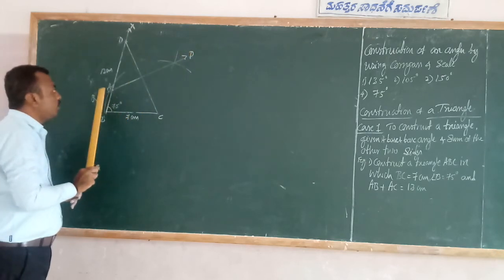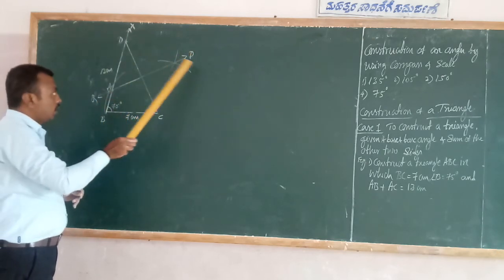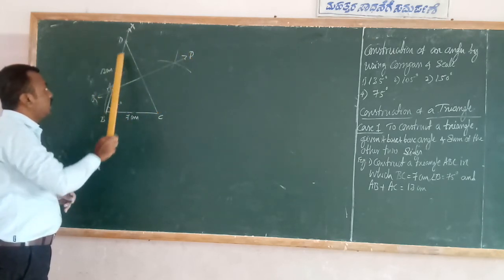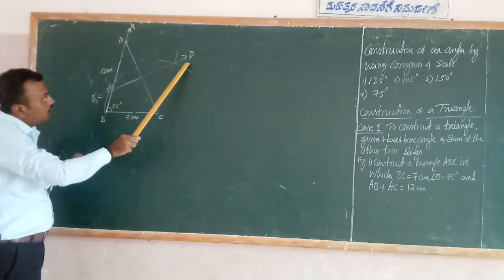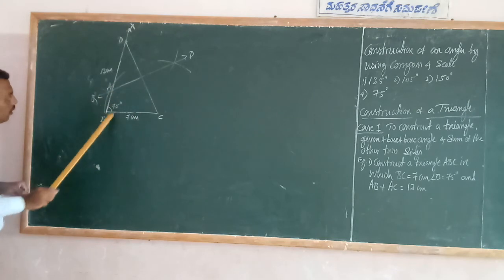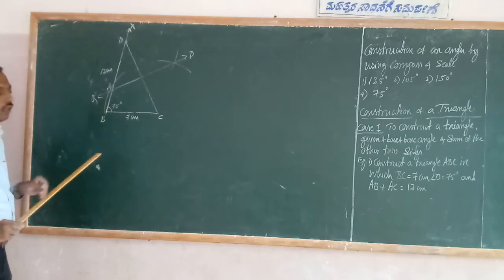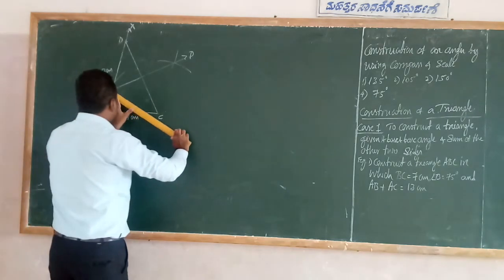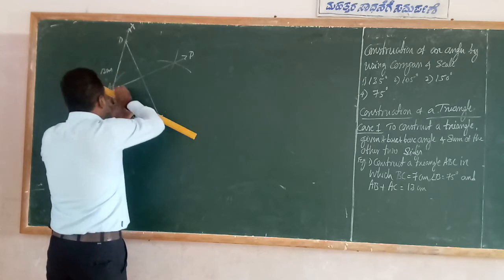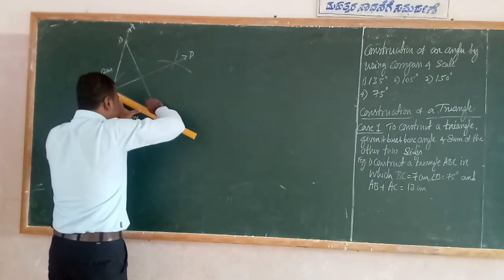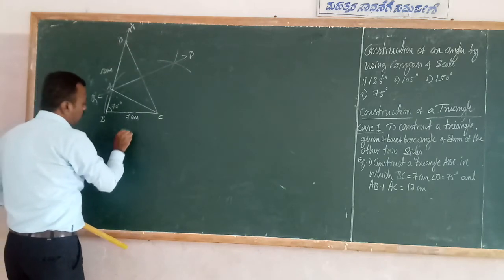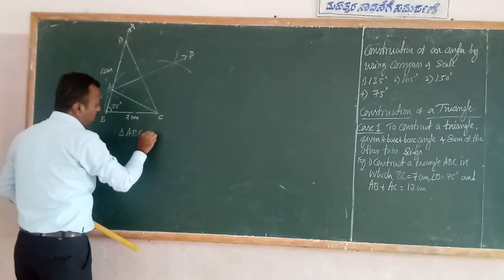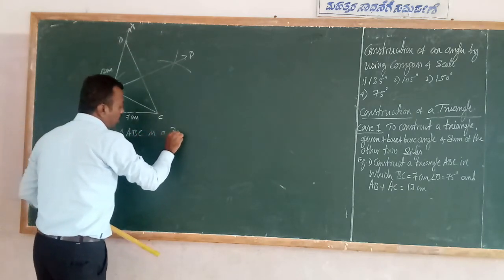This PQ line intersects the BD at A. Next join A and C. Now therefore triangle ABC is the required triangle.